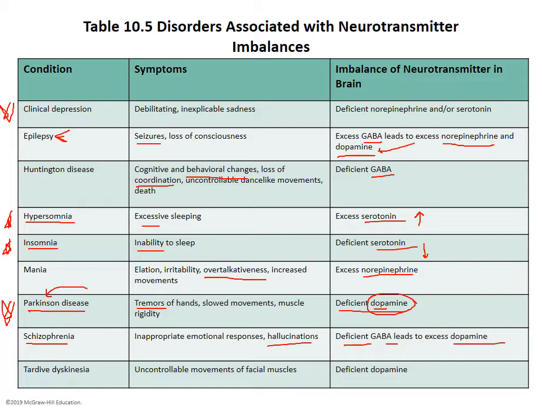And tardive dyskinesia, uncontrollable facial movements. It's a deficiency in dopamine. It kind of goes back, it's almost like Parkinson's, only it is just in the face. It's like tics.